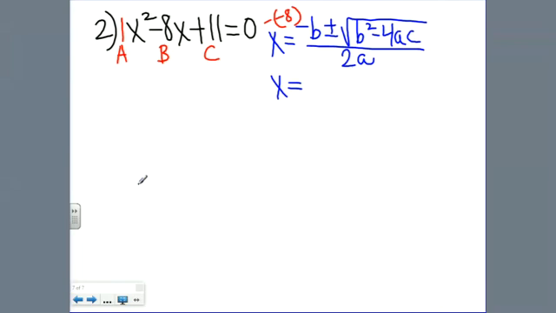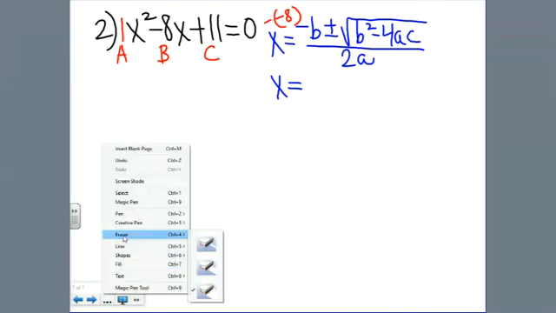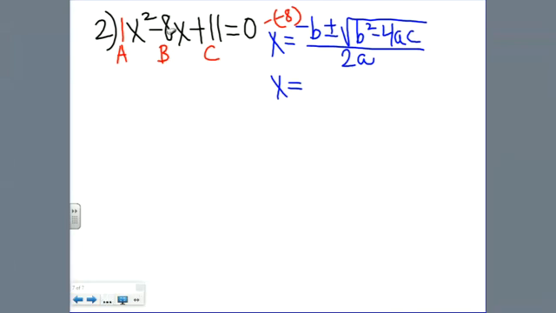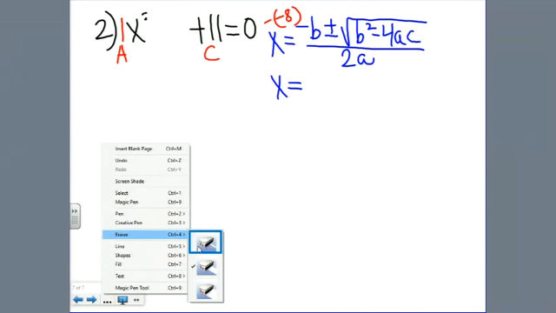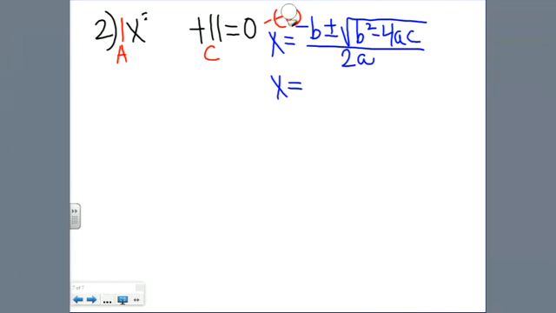You're exactly right. Change this to a negative 2. I'm so sorry. So we have x squared minus 2x plus 11. So B is actually negative 2.